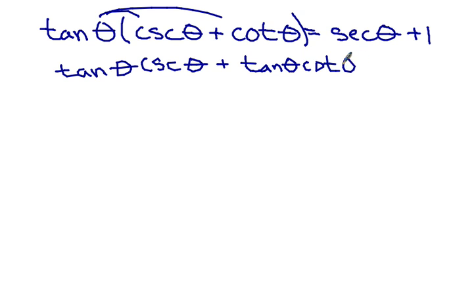And ultimately what we want this to look like is the secant theta plus 1. So we'll see kind of what starts to happen. If we go into our sines and cosines, we see that tangent can be written as sine over cosine. Cosecant can be written as 1 over sine.